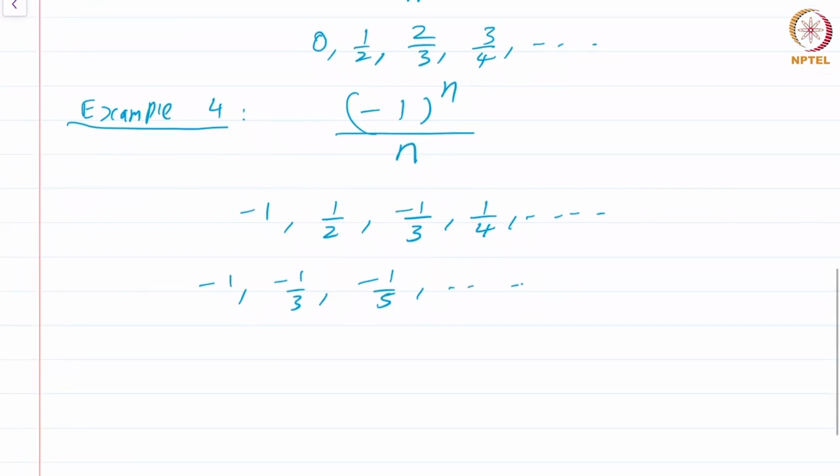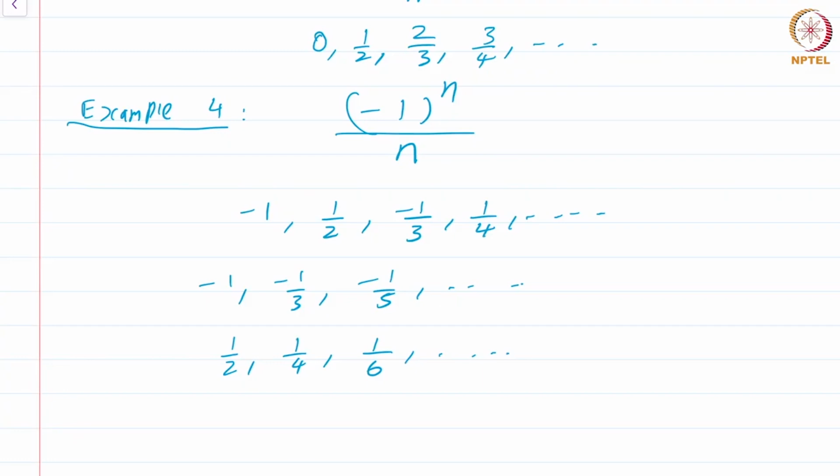Whereas if you collect all the even terms of the sequence, you get half, 1 by 4, 1 by 6, and so on.